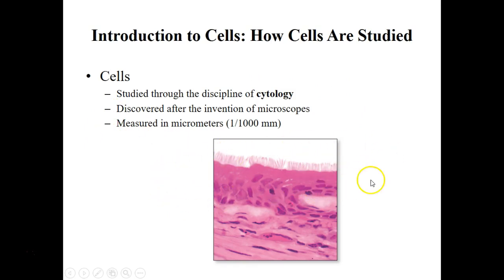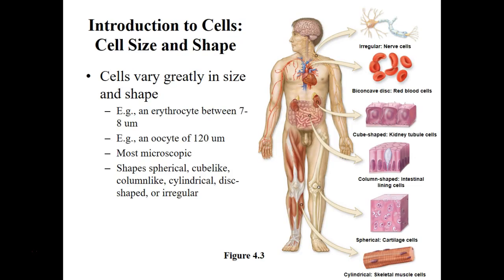We couldn't study cells because they're microscopic, so we didn't start studying cells until we had the invention of the microscope. Robert Hooke and Antoine van Leeuwenhoek are two of the first individuals that made microscopes. Theirs were not as powerful as the microscopes we use in our labs, but they were still very powerful, especially for the time period. So we're looking at the 1600s, 1700s.